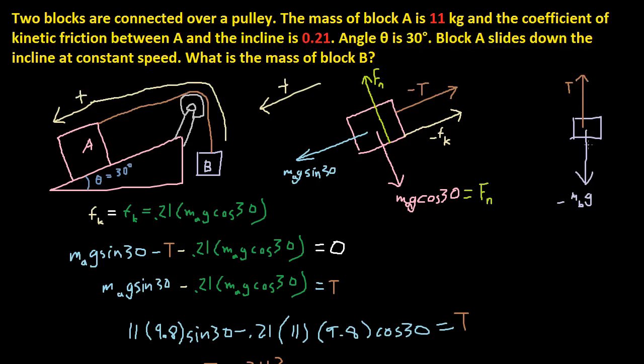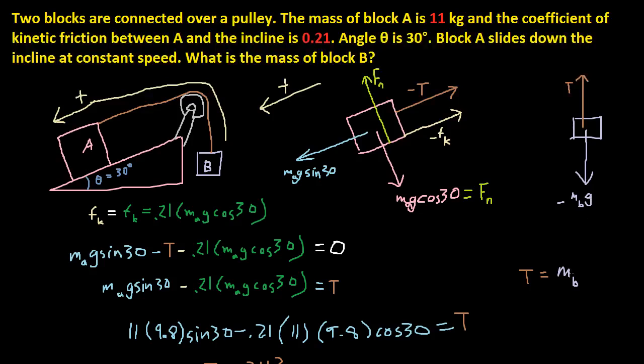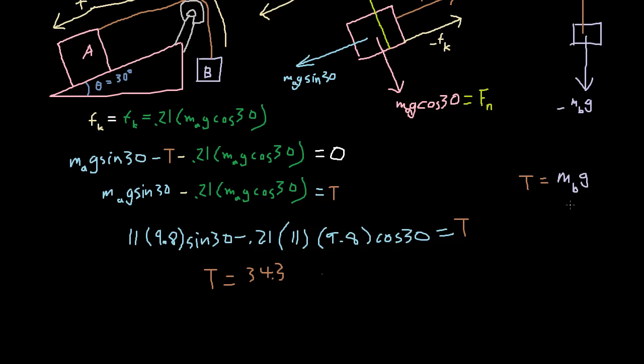So for the second equation, T equals the mass of B times g, and we know T, and we know g is 9.8.